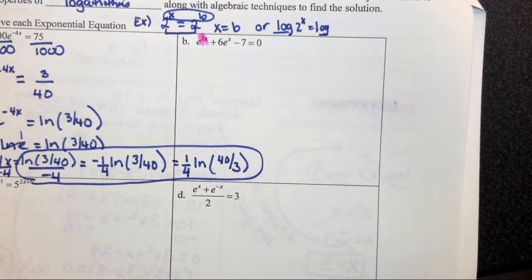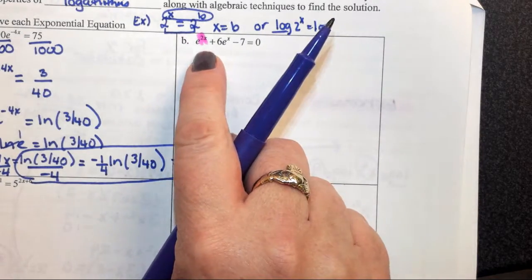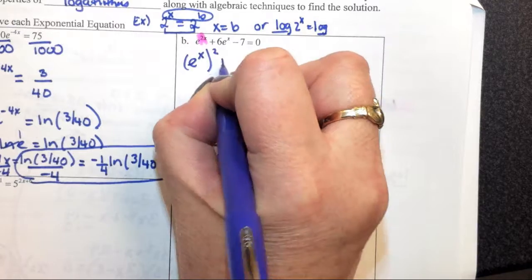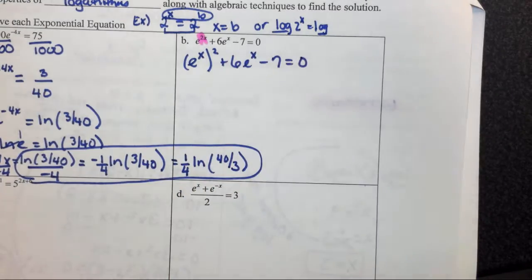When you see that 2x as an exponent, it's just a quadratic equation. The base that's being raised to the second power is your e to the x. This is actually e to the x squared plus 6e to the x minus 7 is equal to 0. So be on the lookout. When you see that 2x as an exponent, it is a quadratic equation, and the base is one of your exponential functions. In this case, it's your e to the x that's being squared.